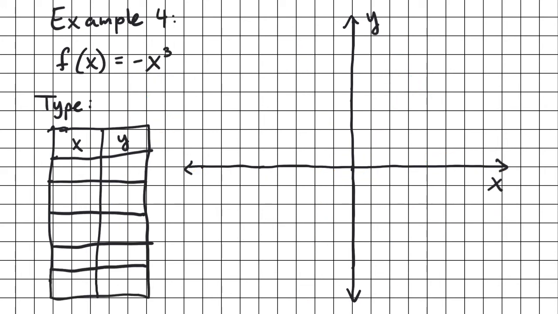Okay, so here we have a cubic with the points -2, -8, -1, -1, 0, 0, 1, 1, and 2, 8. Okay, so we're going to graph the following points. It's 0, 0, 1, 1, -1, 1, and then -2, -8.